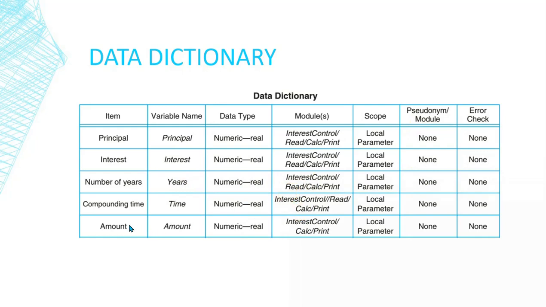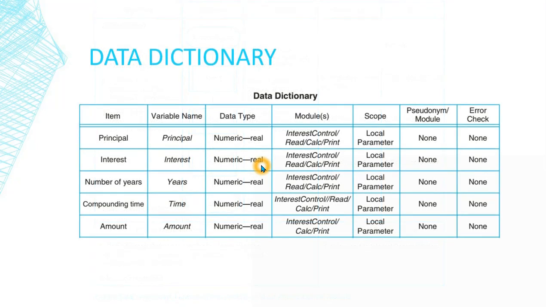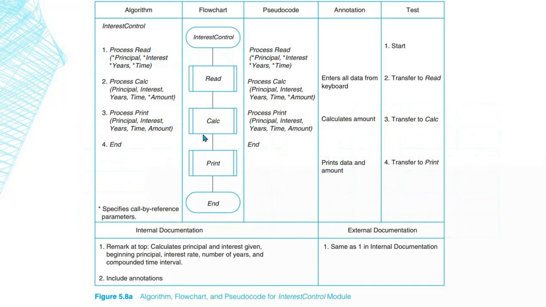Okay. And so this is the dictionary that will explain all the variables we are using in our solution. Now, as usual, you have to write the algorithm for the whole system. So the whole system, the algorithm is first you need to process the read.